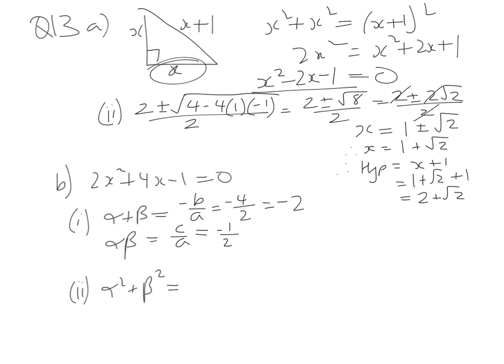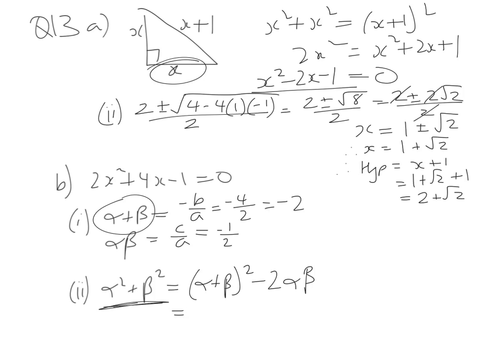Okay, now this expression here, alpha squared plus beta squared, the only way we can get that is to square this one. But when you expand that, you'll get alpha squared plus 2 alpha beta plus beta squared. We don't have 2 alpha beta there, so we actually need to balance the equation by subtracting 2 alpha beta.